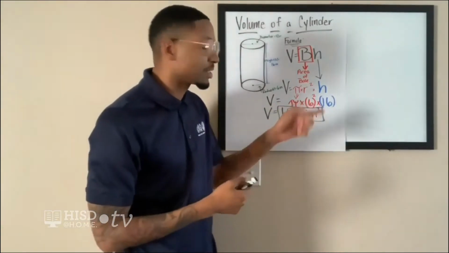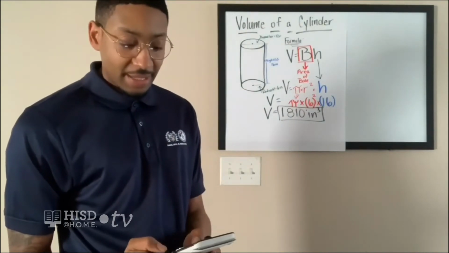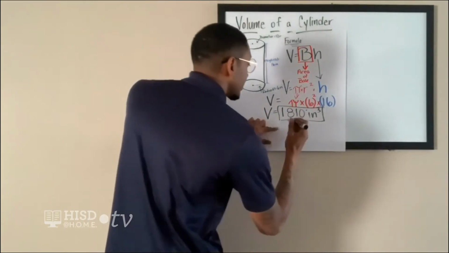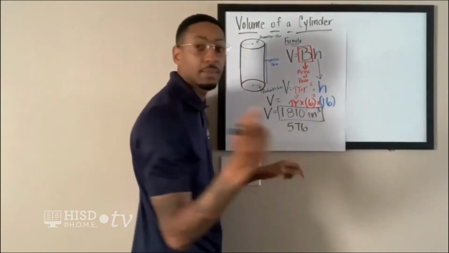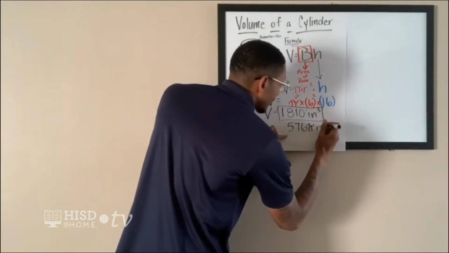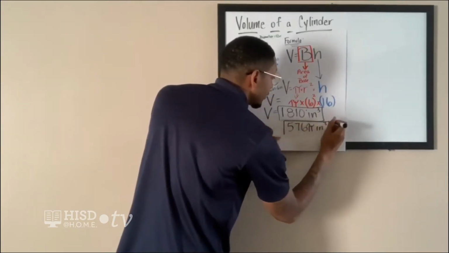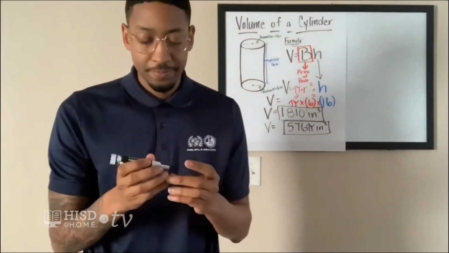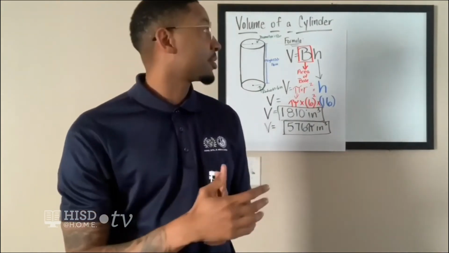In that case, we would just multiply 6 squared times 16, which would give us 576 pi cubic inches. So we have two forms of the answer, okay? That's volume of a cylinder.